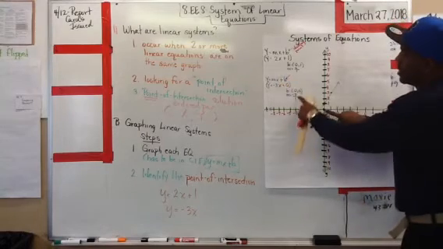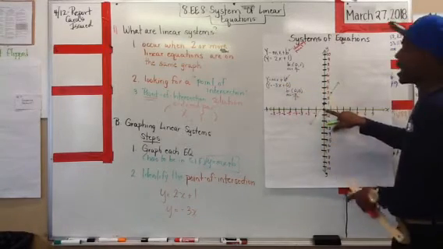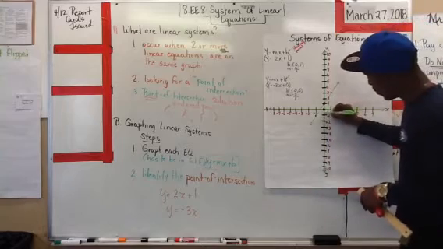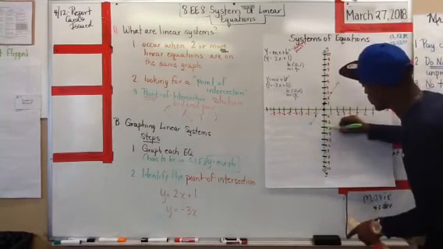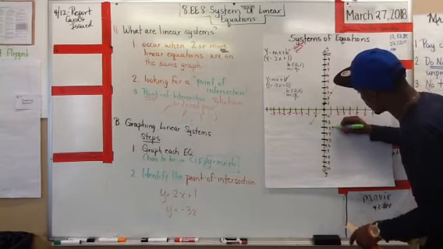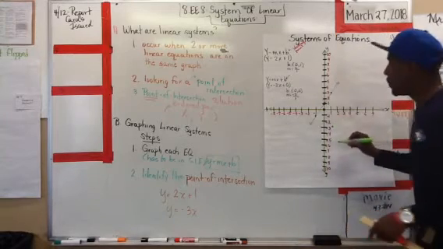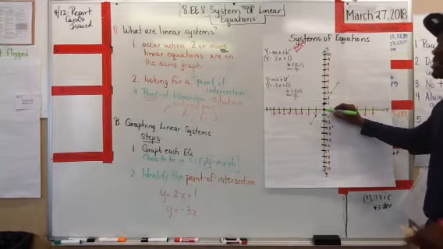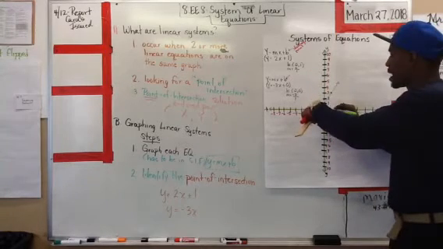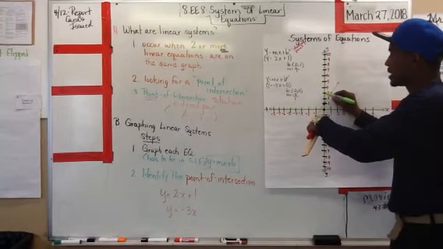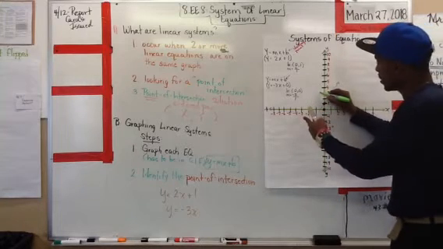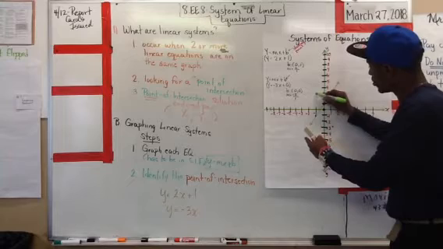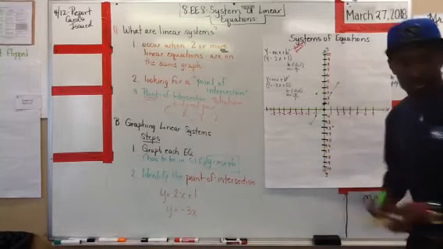It's a negative 3 on top, so that's down 3, but my 1 on the bottom is positive, so run once to the right. Go back to the y-intercept and repeat the process: you went down 3 the first time, so go up 3 the second time, and left 1 because you're doing the opposite. Connect your dots.